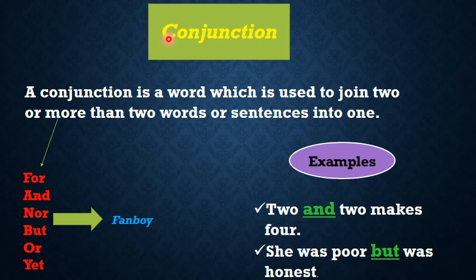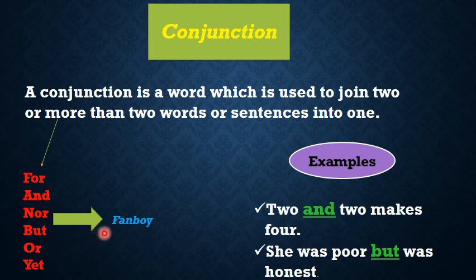The last part of speech is conjunction. A conjunction is a word which is used to join two or more than two words or sentences into one. Conjunctions are given over here: for, and, nor, but, or, yet.